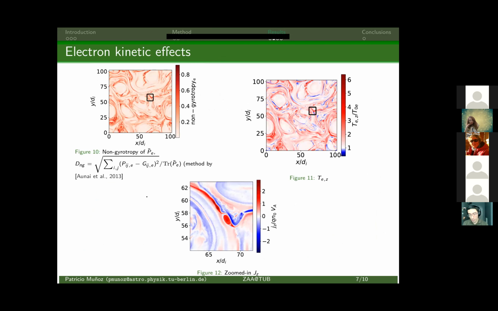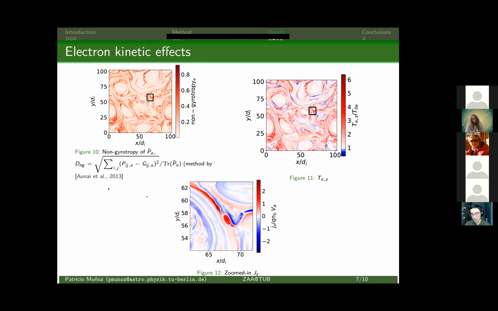Now, how can we assess electron kinetic effects in those simulations? Well, first, we use a kind of standard metric to quantify the non-gyrotropy of the electron pressure tensor. This is not fully kinetic, but this allows us to characterize the locations which are more likely to result in non-Maxwellian distribution functions.